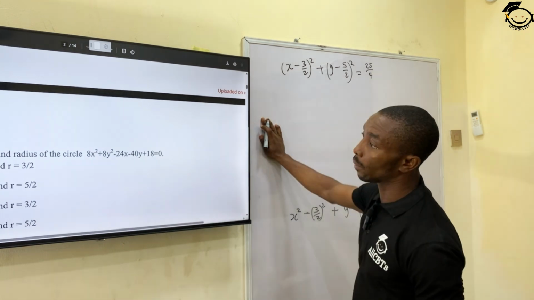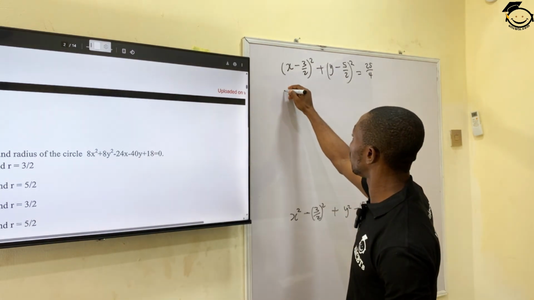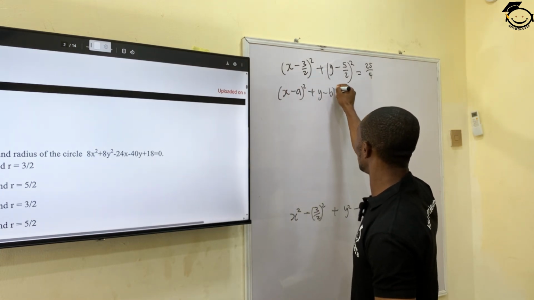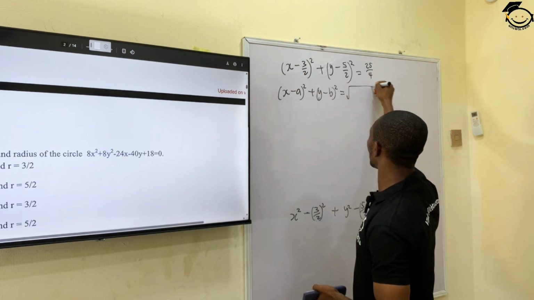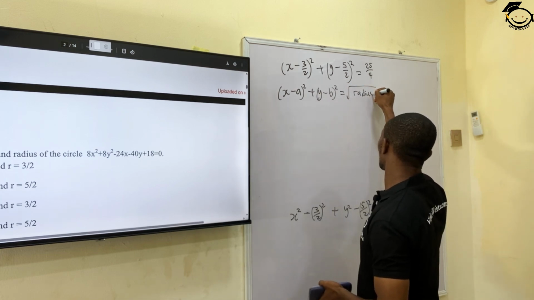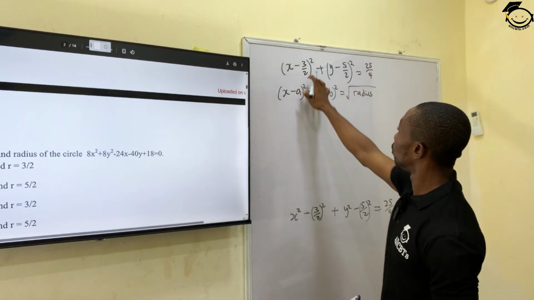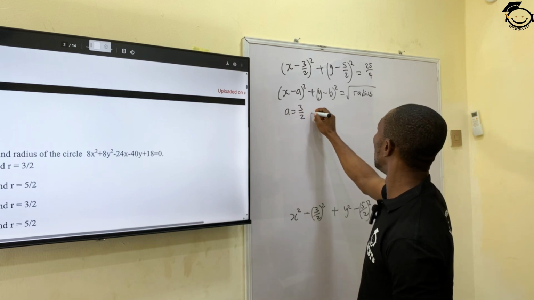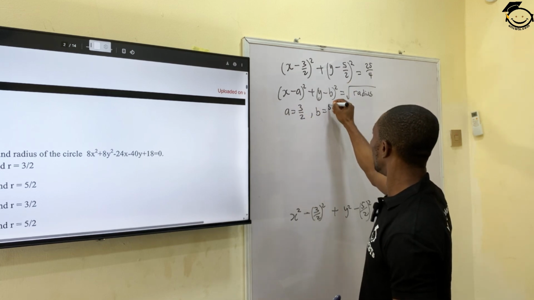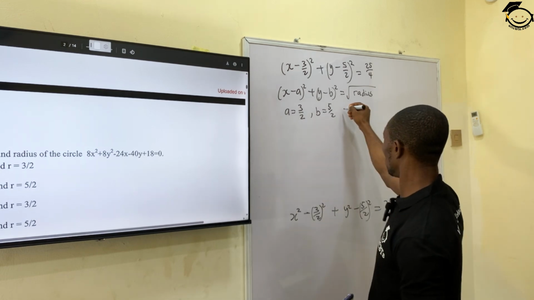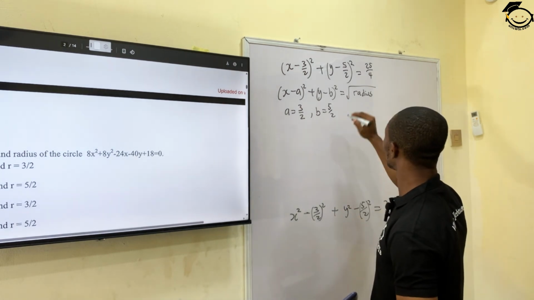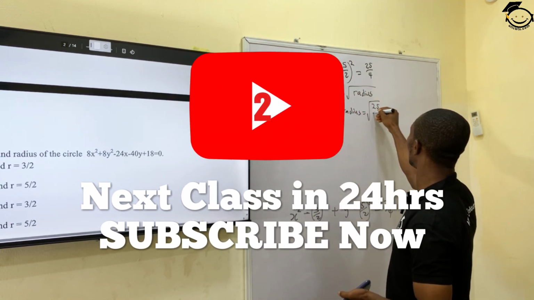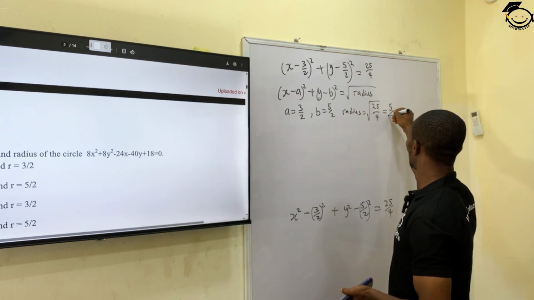Now to find our center and radius, we'll use the formula x minus a all squared plus y minus b all squared equals r squared. Now, from this equation, we can see that our a equals 3 over 2 and our b equals 5 over 2, while our radius will become root of 25 over 4, which gives us 5 over 2.